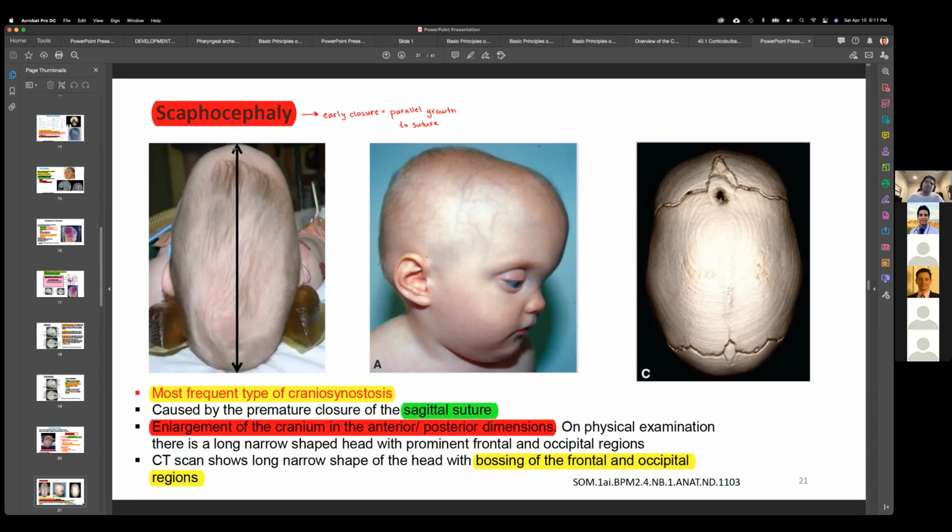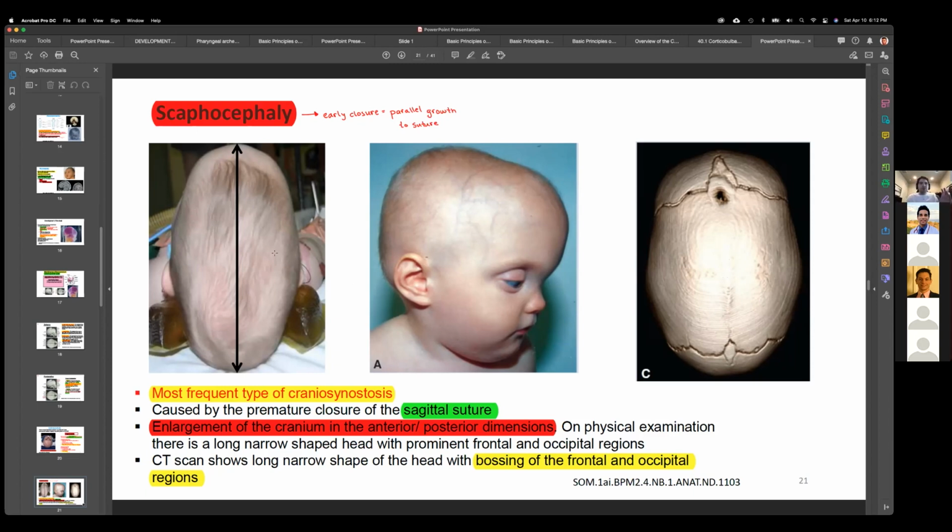Yeah, like I said, parallel: the growth will be in the same direction as the suture that was prematurely closed. The sagittal suture runs anterior posterior, and if it's open, it controls outward growth.